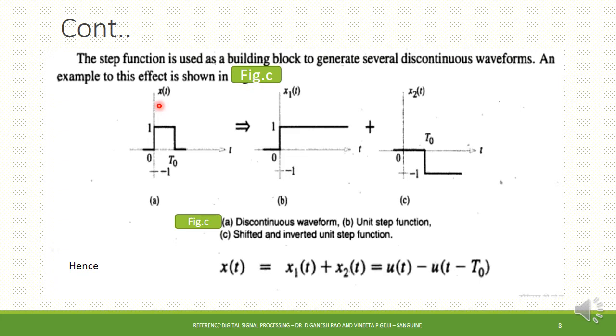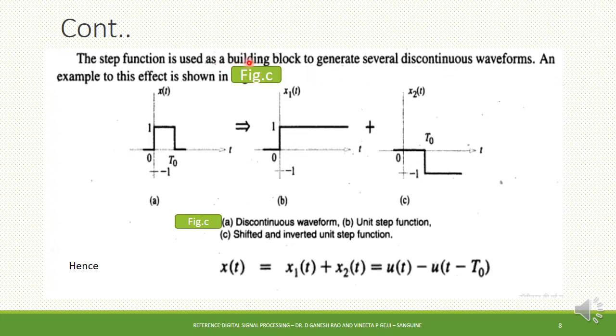Where is this step function used? It is a building block to generate several discontinuous waveforms. If you have more than one discontinuous signal, these step functions are used as building blocks to generate them.